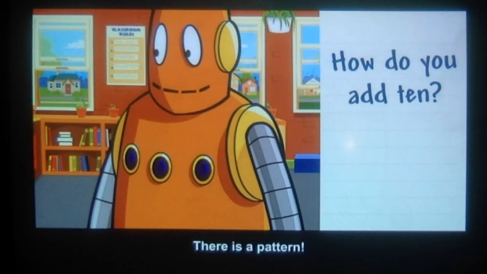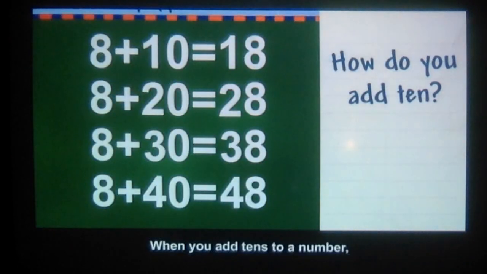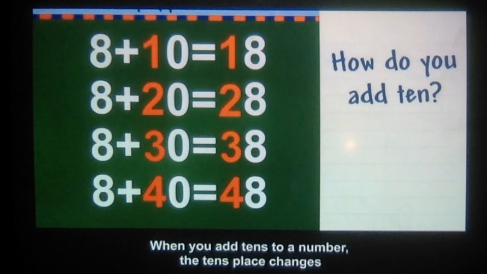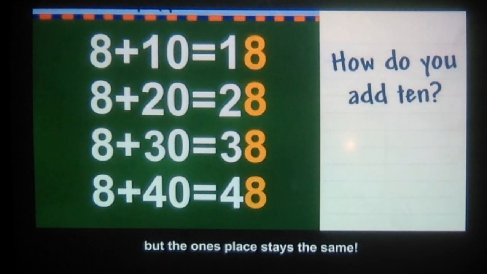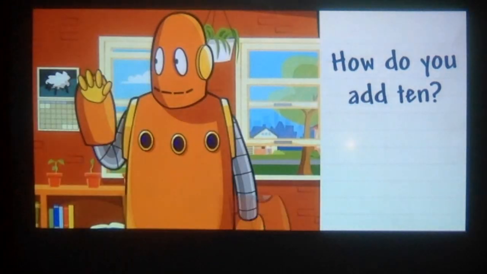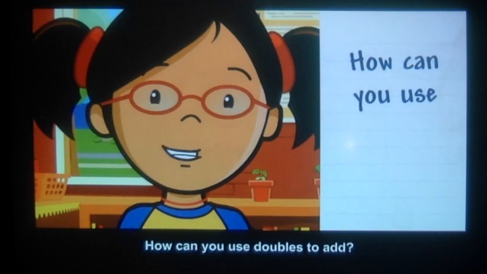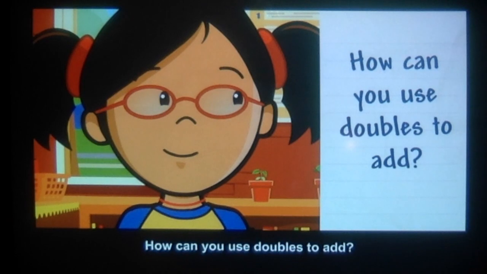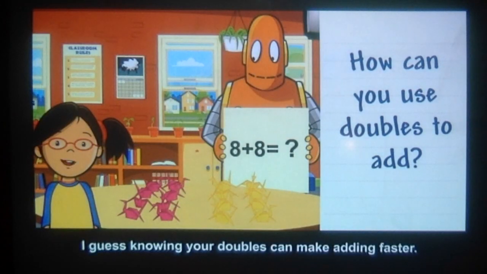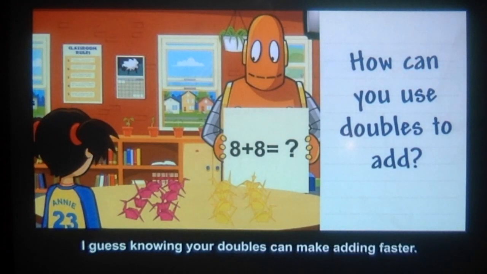Right, Moby, there is a pattern. When you add tens to a number, the tens place changes, but the ones place stays the same. How can you use doubles to add? I guess knowing your doubles can make adding faster.